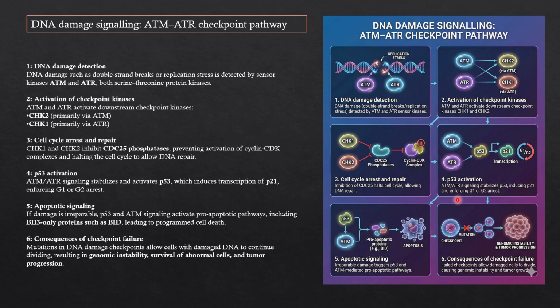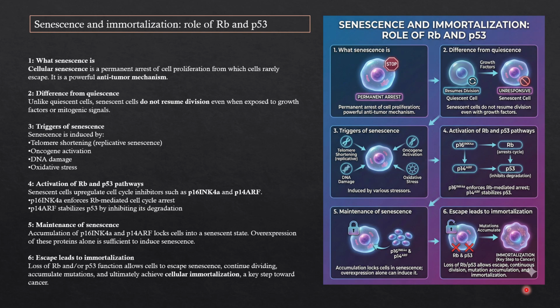In p53 activation, ATM and ATR signaling stabilizes p53, inducing p21 and enforcing G1 and G2 arrest. Apoptotic signals come from irreparable damage that triggers p53 and ATM mediated pro-apoptotic pathways, and as a result, checkpoint failure allows damaged DNA to divide, causing epigenetic instability, genomic instability, and tumor growth.